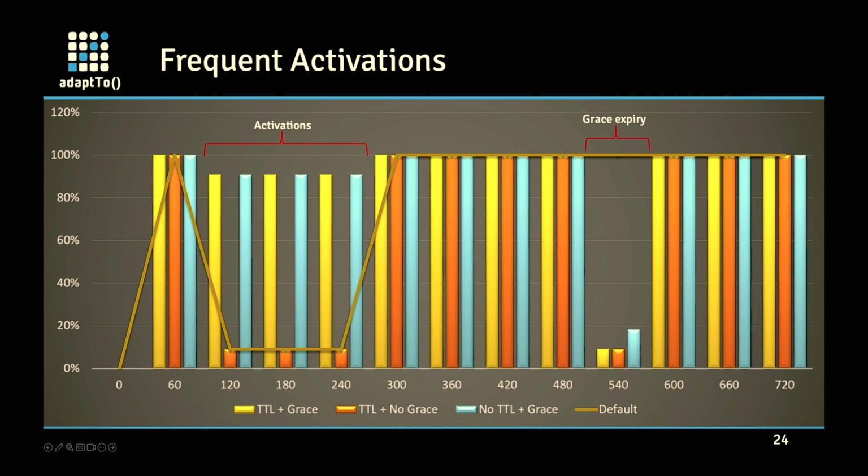What's interesting is if we only set time to live, you can see it's the orange bar there, but we do not set the grace period. I mentioned earlier the grace period is an important setting that we tend to forget about. We see no real improvement. The reason for that is exactly as we said, the grace period is consulted before the stat files. But if you do not have it set or use the defaults of disabled or 2 seconds, essentially you deplete your cache.